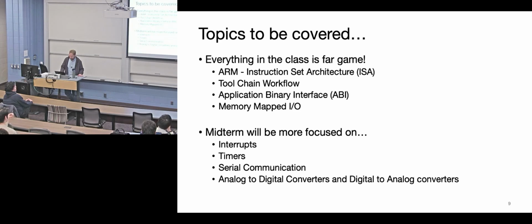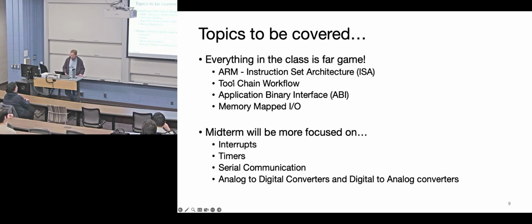Everything from the first exam is fair game. Although, honestly, we're not going to do detailed APB timing diagrams, but you should know generally how the advanced peripheral bus works. You should be able to reason about its effect in your embedded systems. You should know what ABI compliant functions are and be able to reason about how they would be used.